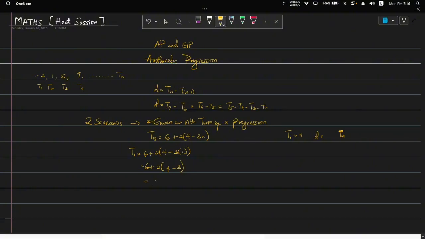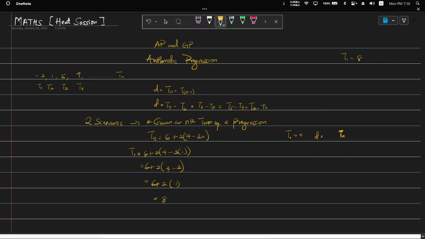So 4 minus 3 is 1. My bad. So 2 times 1 is 2, plus 6, which is equal to 8. And that is the first step. So you know that T1 is equal to 8.